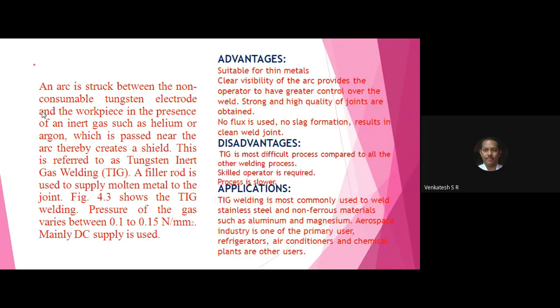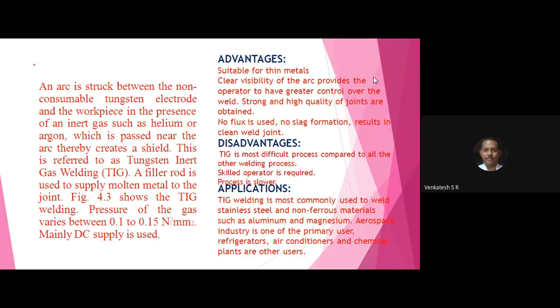Here the advantage, say the inert gas welding is suitable for thin and thick metal, and the joint is very strong, and there is no slag formation. The joint is very clean, and free from oxide, corrosion and other oxide on the joint.